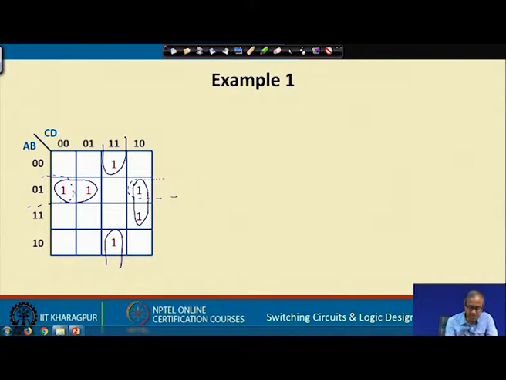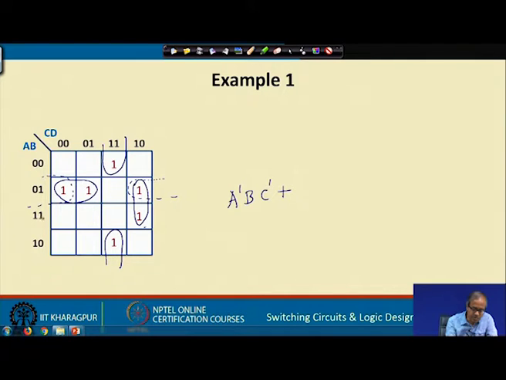But here what is the solution? These 2 cubes, 0 1 which is A bar B, and 0 0 0 1, D cancels out, C is 0, so C bar. Then let us consider this one vertically.